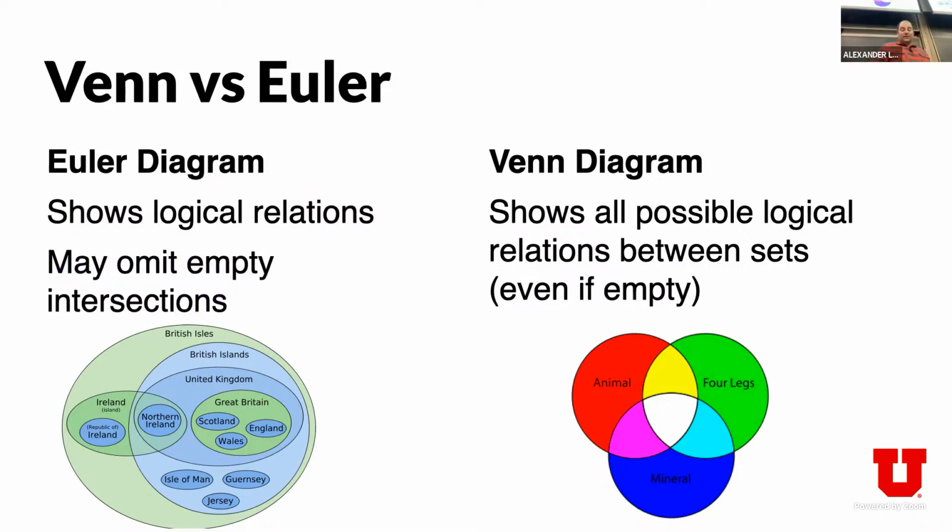So here's an Euler diagram of the relationship of different geographical entities in the British Isles, for example. And here would be our Venn diagram that has this intersection. Even if there is no overlap between animals and minerals, this is still shown here, right? So there would just be a different label in here.